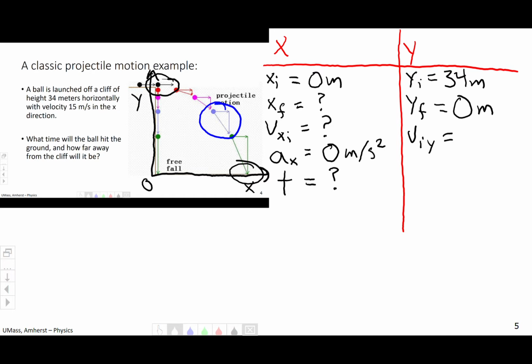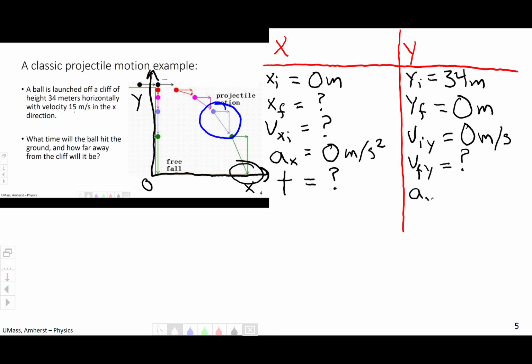Right off of the edge of the cliff as soon as it is launched off, what's the motion in the y direction? Well, we know that we have a velocity, 15 meters per second in the x direction. But in that instant, right before it starts falling, it has no velocity in the y direction. It has not started accelerating due to gravity. So the velocity in the y direction initially is 0 meters per second. The final velocity in the y direction is unknown.